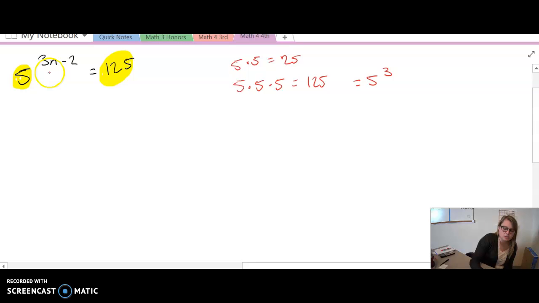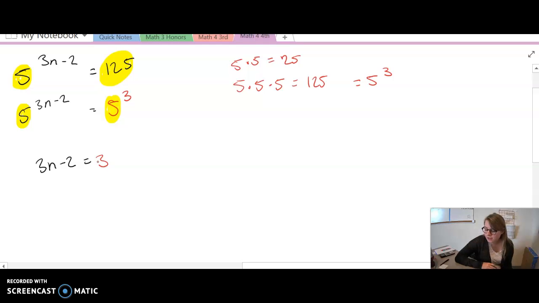So then we can replace that 125. We have 5 to the 3n minus 2 equals 5 to the third. Now because our bases are the same, we have 3n minus 2 equals 3.